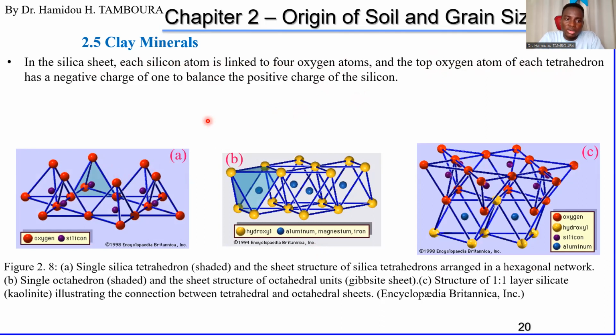So this means the silicon has a positive charge, and at the top, this one has the negative, so that will balance the charge. So positive and negative to balance the charge of this silicon.